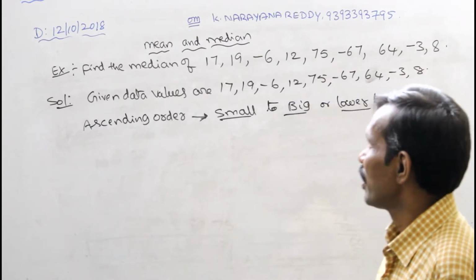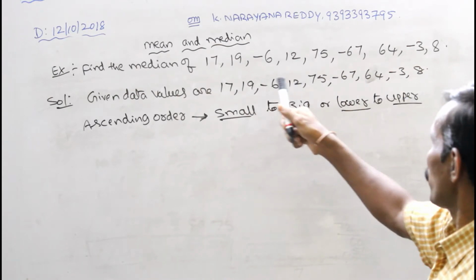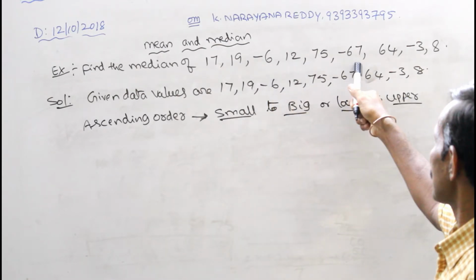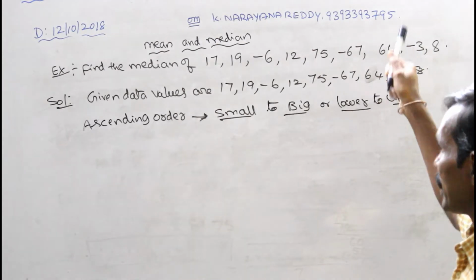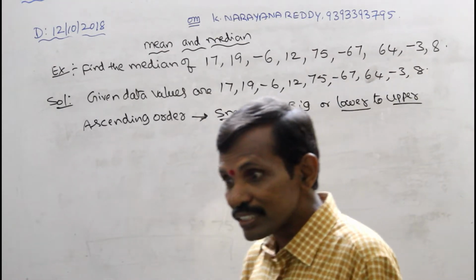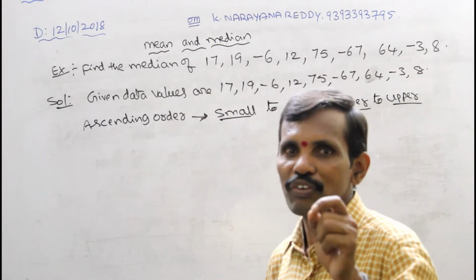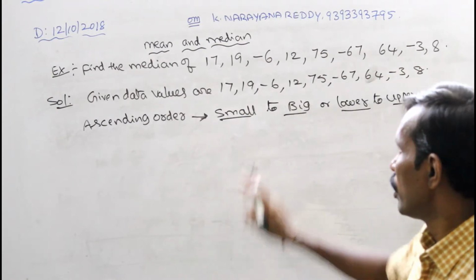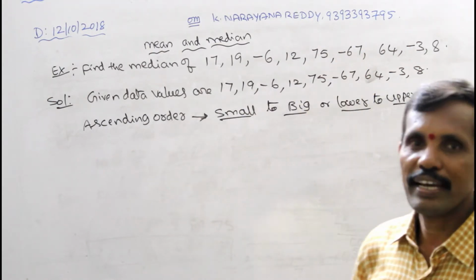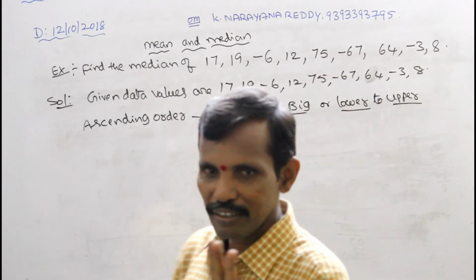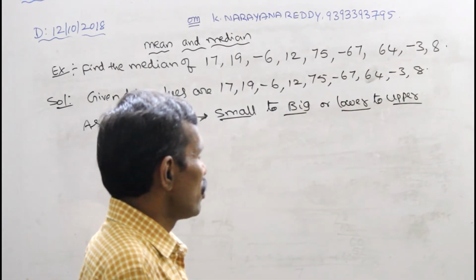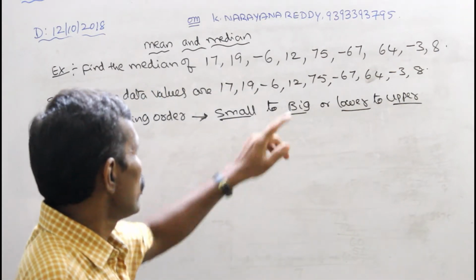So, there are 3 negative values here: minus 6, minus 67, minus 3. But minus 3 is the largest value in negative values compared to minus 6 and minus 67. Okay, very important point. So what is the smallest number?